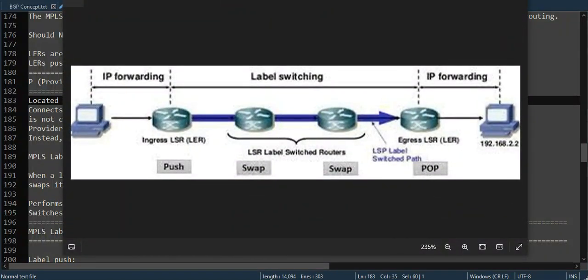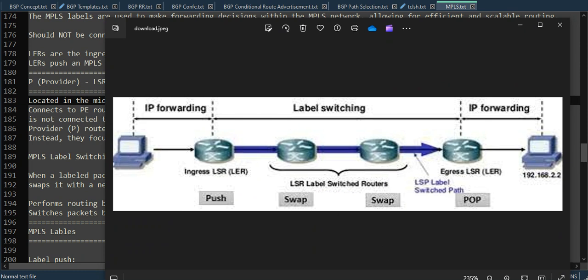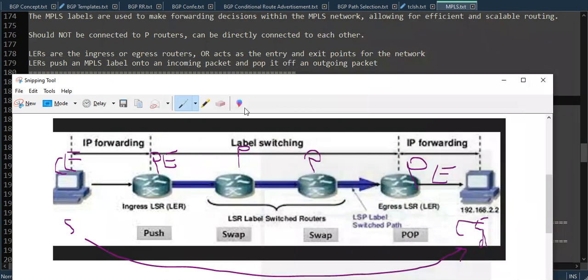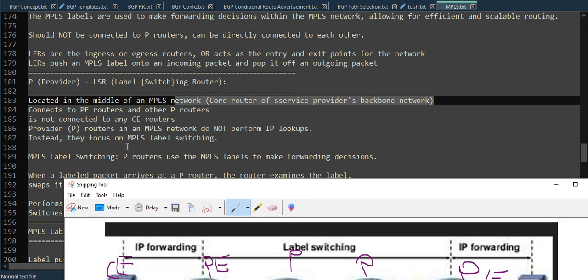P routers are located in our core MPLS provider backbone network, like here. This is a P router or LSR, and it connects to other P routers and PE routers, and it's not connected to any CE routers.